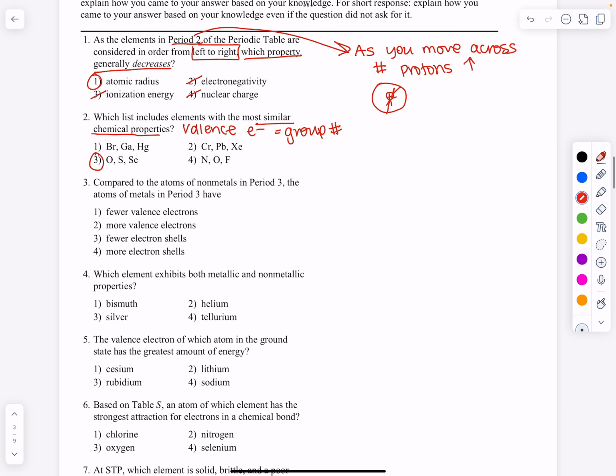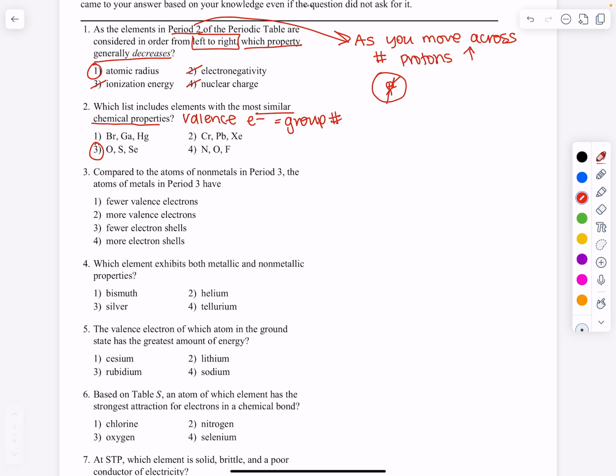Compared to the atoms of nonmetals in period 3, the atoms of metals in period 3 have what? So you should know that periods indicate the number of electron shells.